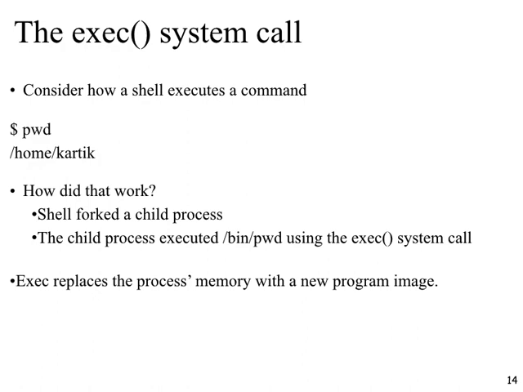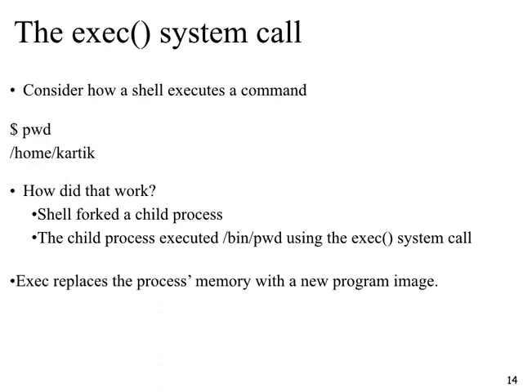If you type pwd, then the shell will go and find the binary file corresponding to pwd, and it will run that program and print the output. So how did that work? There was fork involved because the shell had to fork a new process, but there was also another system call involved called the exec system call.